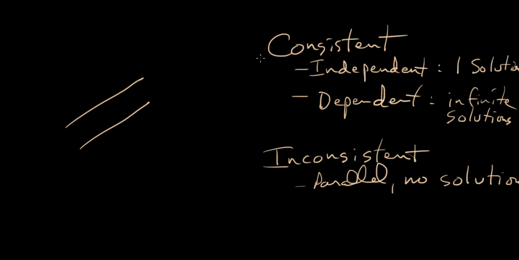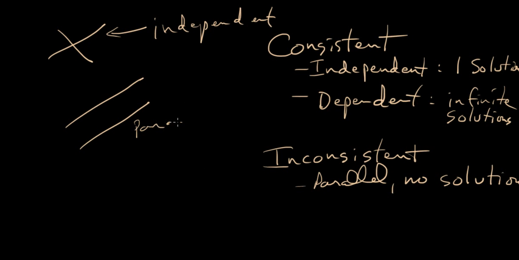Either the lines intersect. This is independent. They intersect, and you got one solution. Or they're inconsistent. They're parallel. No solution. Okay? That's inconsistent.